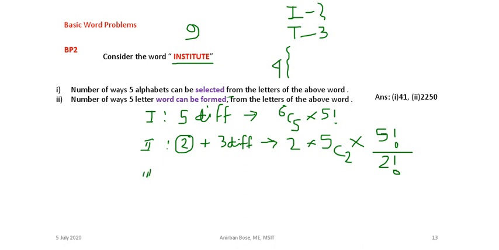The third case, when 2 are of one type plus 2 are of another type and 1, and for this case you tell me this can be done in only one way, and from the remaining 4 letters 1 can be selected in 4C1 ways, and total 5 letters in how many ways can be arranged?